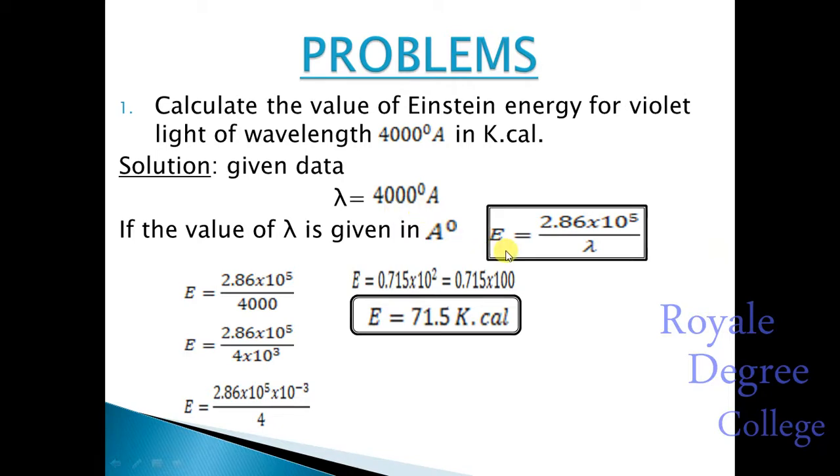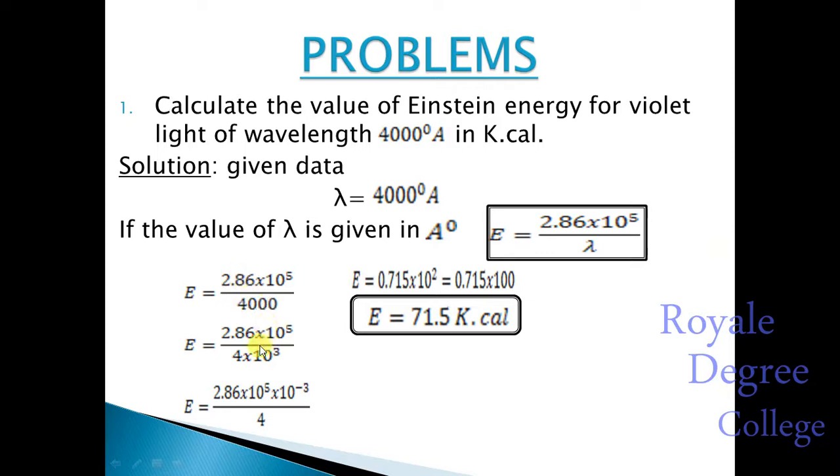That is, E is equal to 2.86 into 10 to the power 5 divided by lambda. Here we are calculating the value of Einstein's energy in kilocalories by utilizing this formula. Now we are keeping the value of lambda here in this formula as 4000. Rest of the things are as it is.